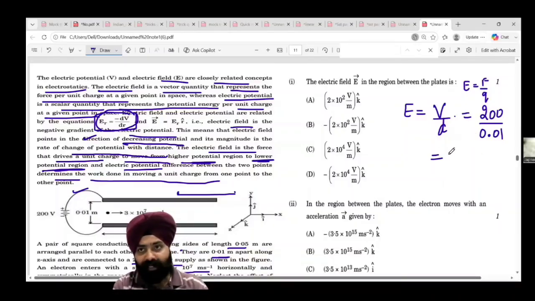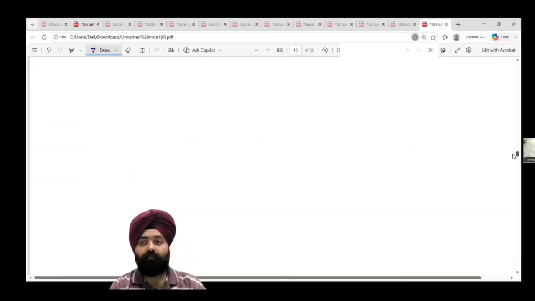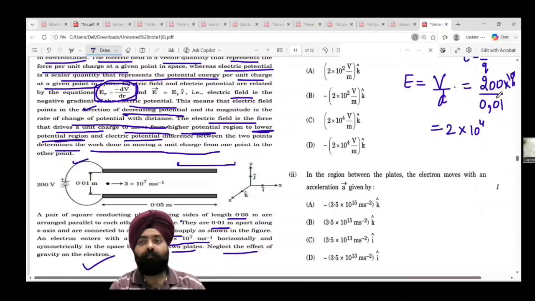Upon solving, you will be getting 2 into 10 raised to power 4. So we get 2 into 10 raised to power 4 volt per meter.